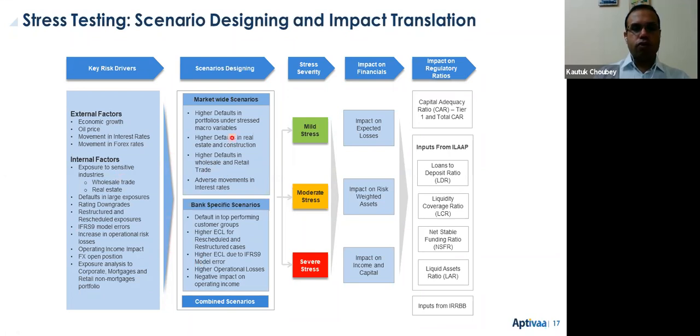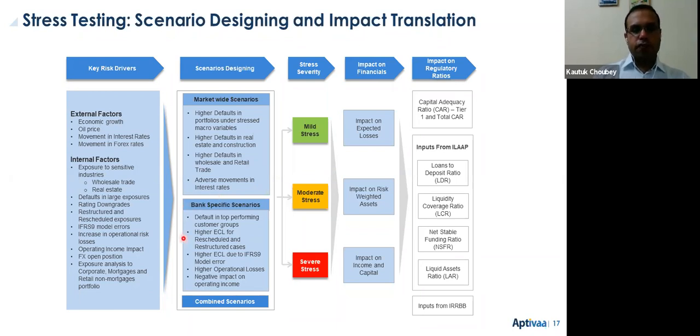So market-wide scenarios would mean that the defaults would go up if the macroeconomic conditions are stretched. So obviously, with every 100 basis point dip in the GDP growth rate, you may notice certain corporates going into default, and which would obviously increase the credit risk of the bank.